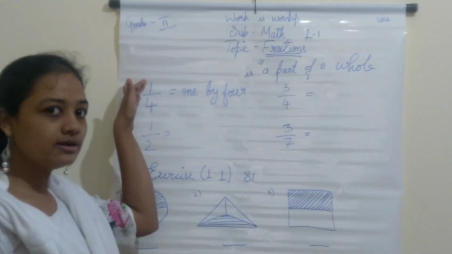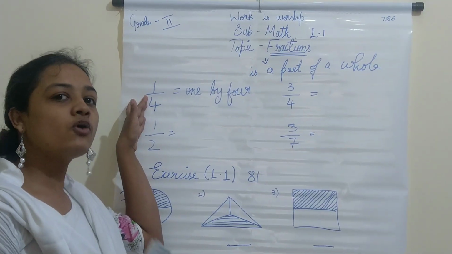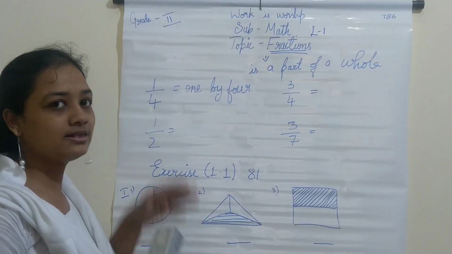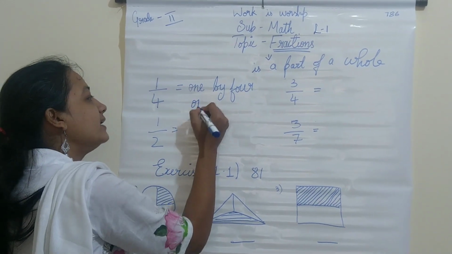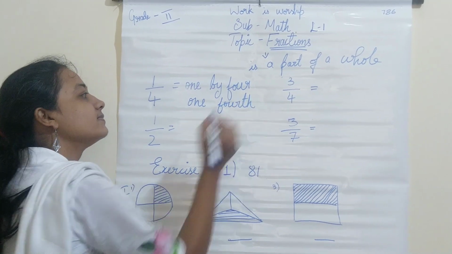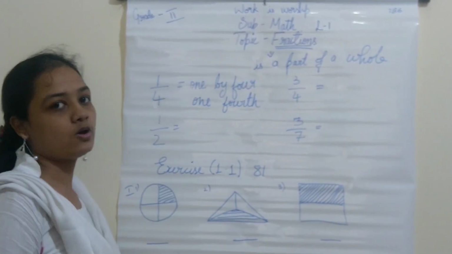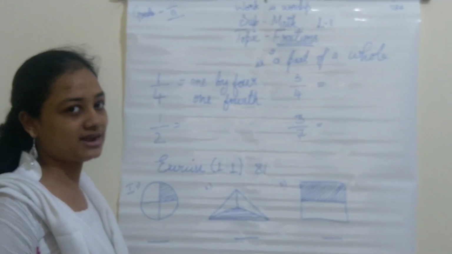Normally you will read 4, but when you are reading the denominator, you will be reading it as 4th. So this is written as 1/4. You can write it in this way also. You have 2 ways of writing a fraction.